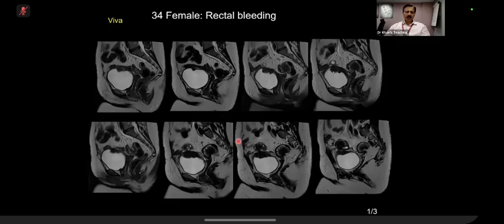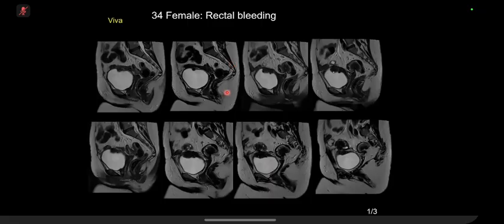Okay, candidate 4. This is your case. This patient has had a hysterectomy, and this patient is 34 years old. The patient presents with rectal bleeding. Over to you. Okay. That's the multiple sagittal T2 images in which I can see there is low signal in the upper wall of the bladder, superior wall of the bladder.